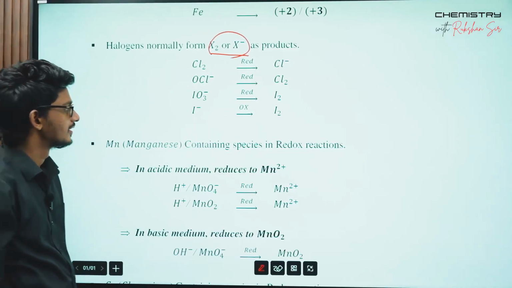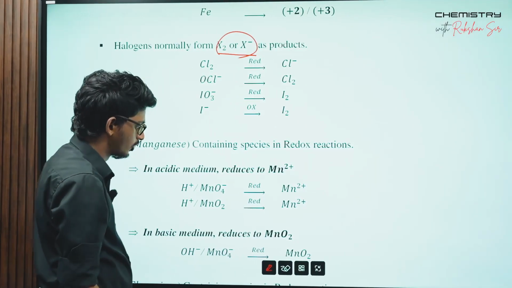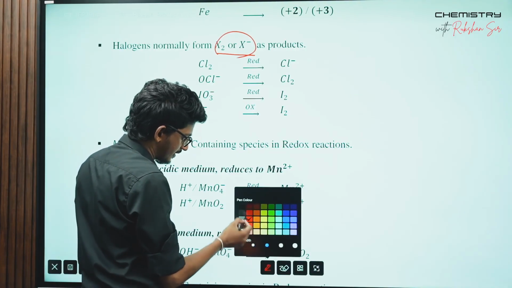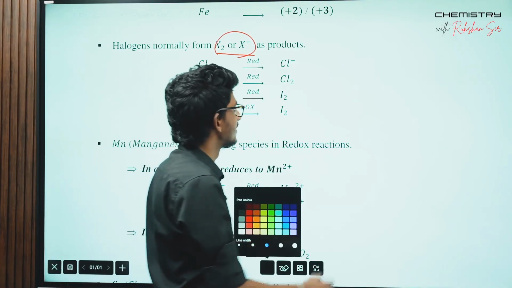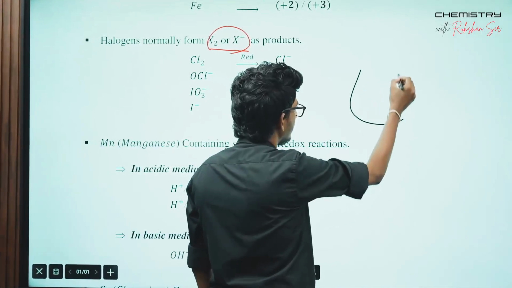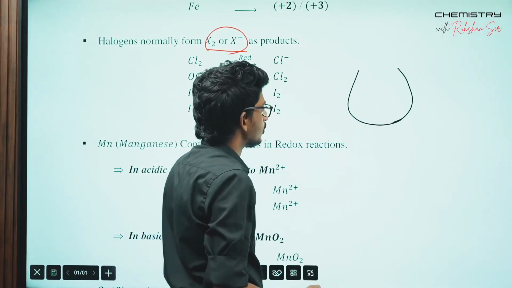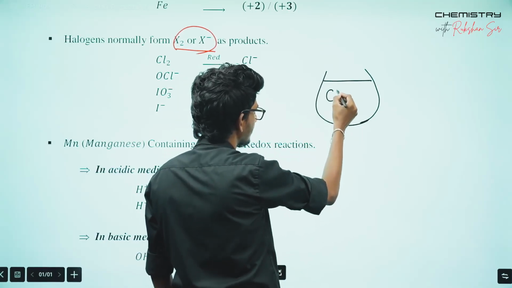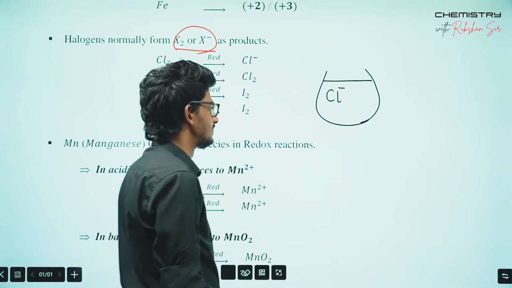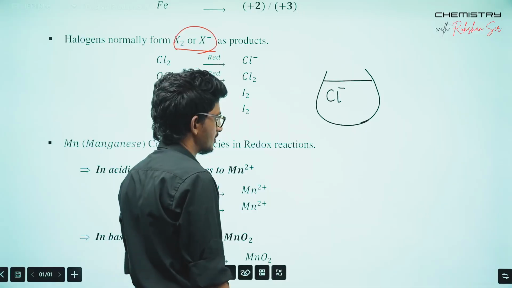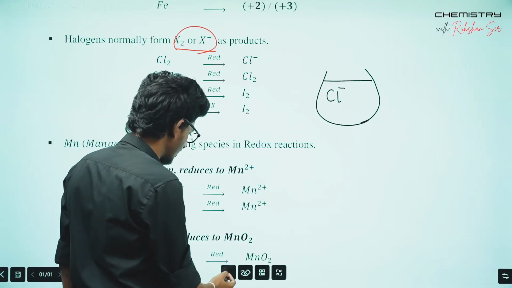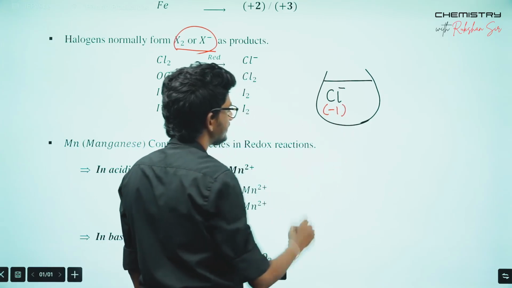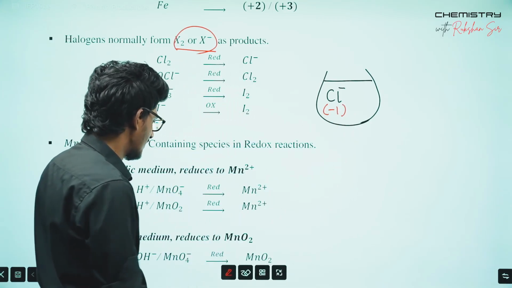What this says is like this. Let's think of this kind of situation. You have some Cl minus ions in your solution. Cl minus means you have the minus 1 oxidation state.